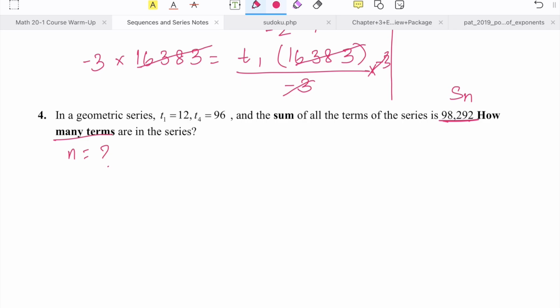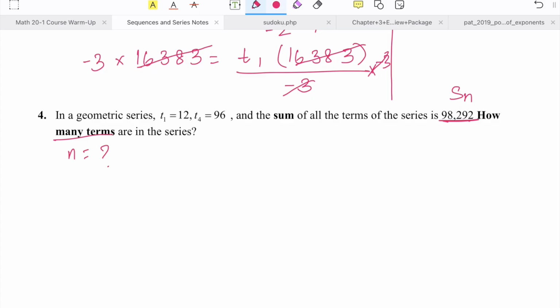And both the formulas for sum require us to know the ratio, right? So how can I find my common ratio? Something that you multiply by 4 times equals 96. Yeah, not 4 times, 3 times though, because 4 minus 1.